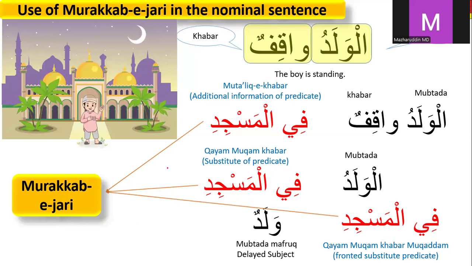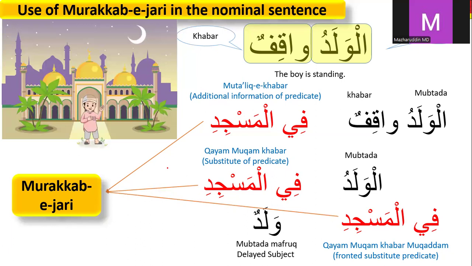So we'll take different examples tomorrow. In the next week we are going to start PL. So tomorrow I'll take different examples on the basis of murakkab jari, where you can see the different places of murakkab jari.